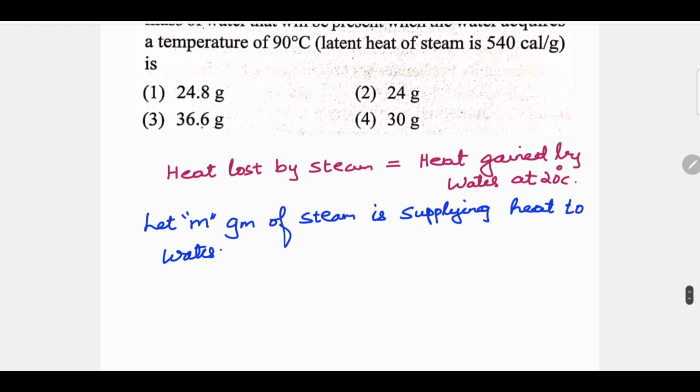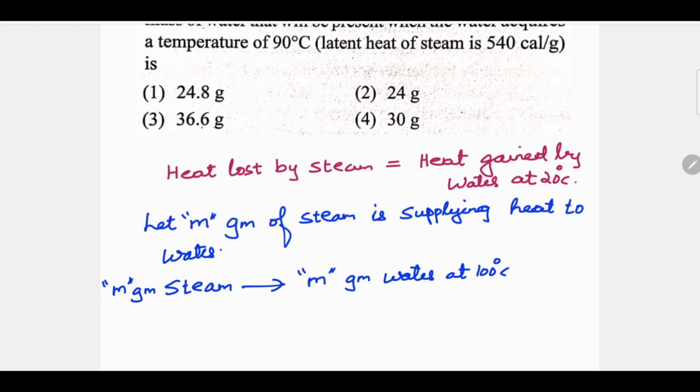See, first the stage by stage process, if you check, m gram steam will get converted to m gram water at 100 degrees Celsius. So steam at 100 degrees Celsius, now m gram water at 100 degrees Celsius. Now m gram water at 100 degrees Celsius will get converted to m gram water at 90 degrees Celsius, because our final temperature of the mixture is given in the question as 90 degrees Celsius.